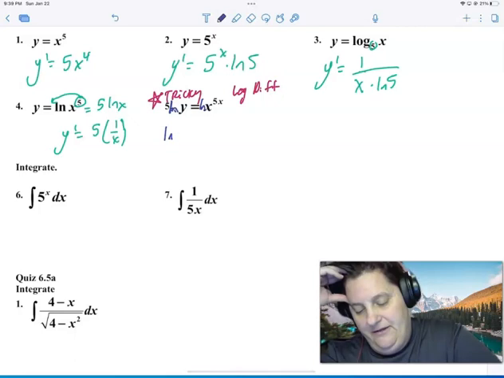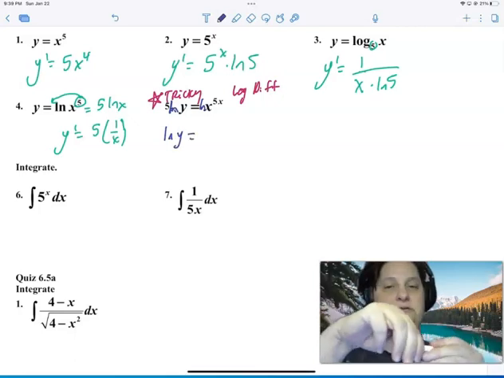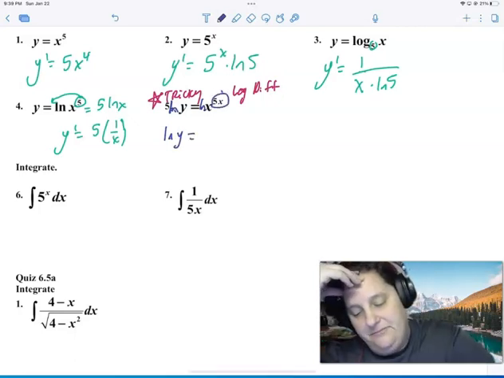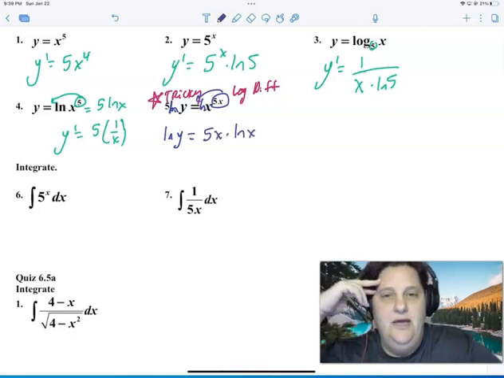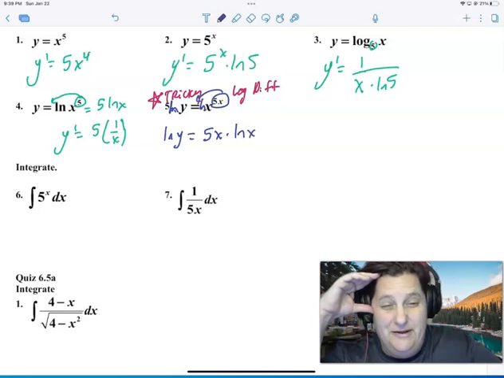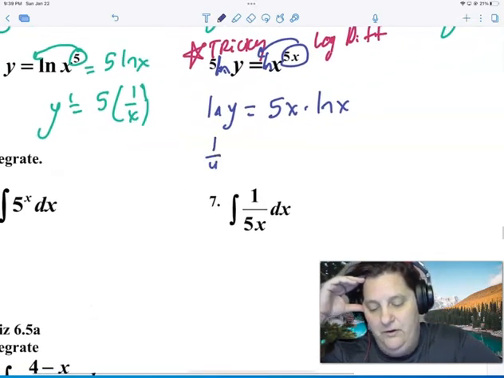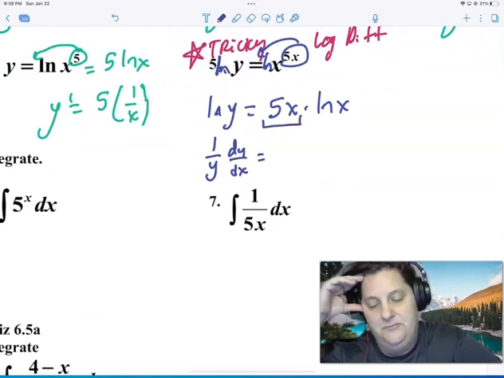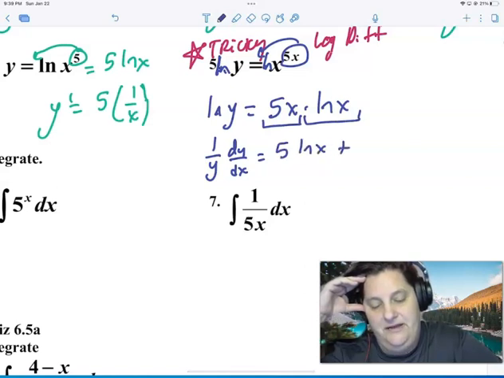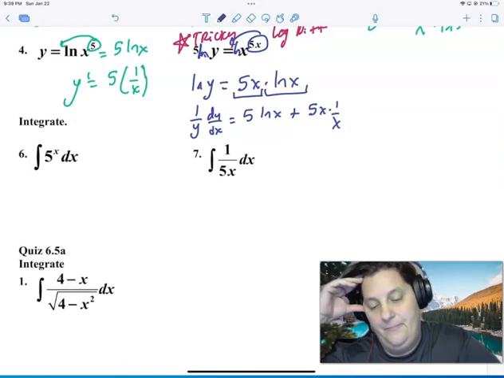So it says ln of y equals, and the reason I do that is because I'd bring this down in front, 5x ln x. At that point, I would take the derivative, but I'd do it implicitly, okay? Because the derivative of ln y is 1 over y, y prime, or dy dx. This is a product rule. Derivative of the first times the second plus first times derivative of the second.